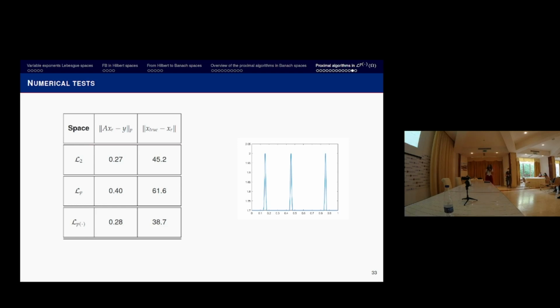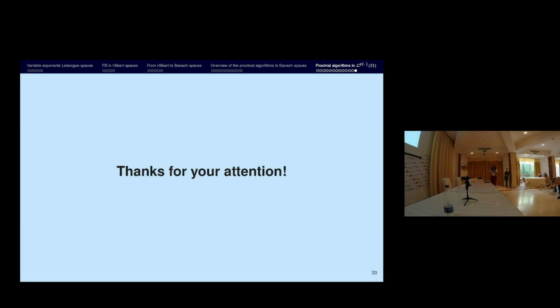But if we look at the errors measured on x, the best one is by far the variable exponent Lebesgue case. And the plot here is the exponent we have chosen in the variable exponent Lebesgue case that goes from 1.7 to 2, and it is chosen from the L2 reconstruction. Thanks for the attention.